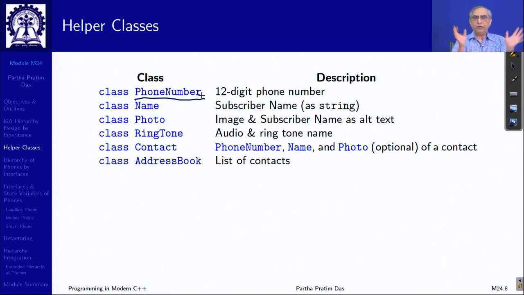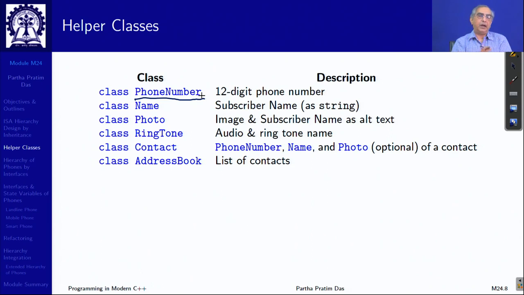You can have a lot of those, and in this current discussion we are not getting into these aspects of the design, because we are not going to do the design on the phone numbers, we are doing the design on the phones. So, we assume that there is some helper class called, say, phone number that has already been designed or will be designed.